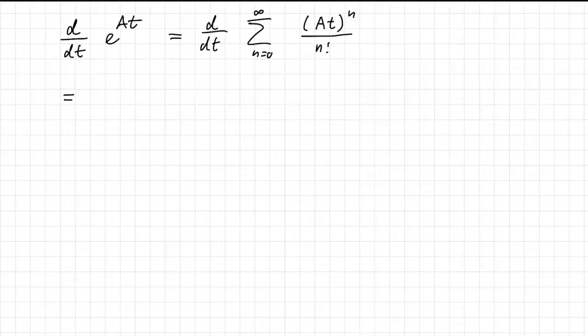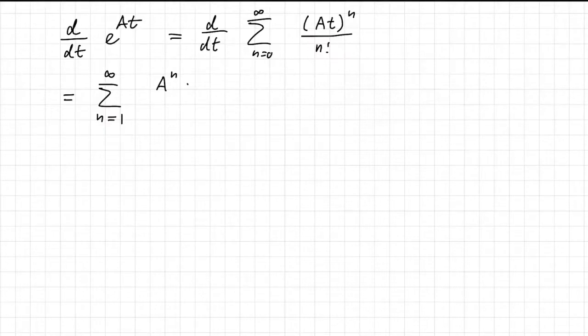So here we get the sum over n, where in the series we have a term which is a constant, n equals 0. So that one becomes 0 when we take the derivative. So the sum does not go from 0 to infinity, but from 1 to infinity. And we get A to the power of n times, well, we had t to the power of n here.